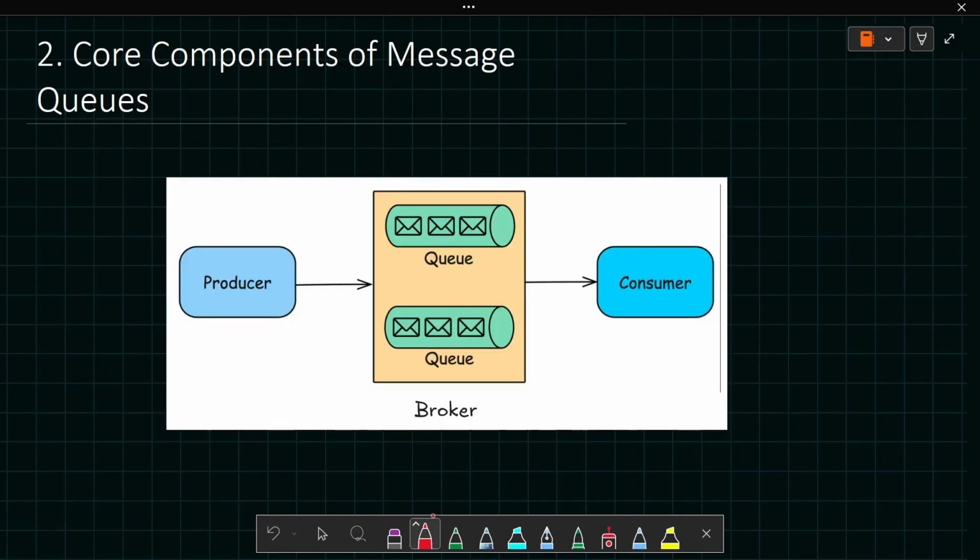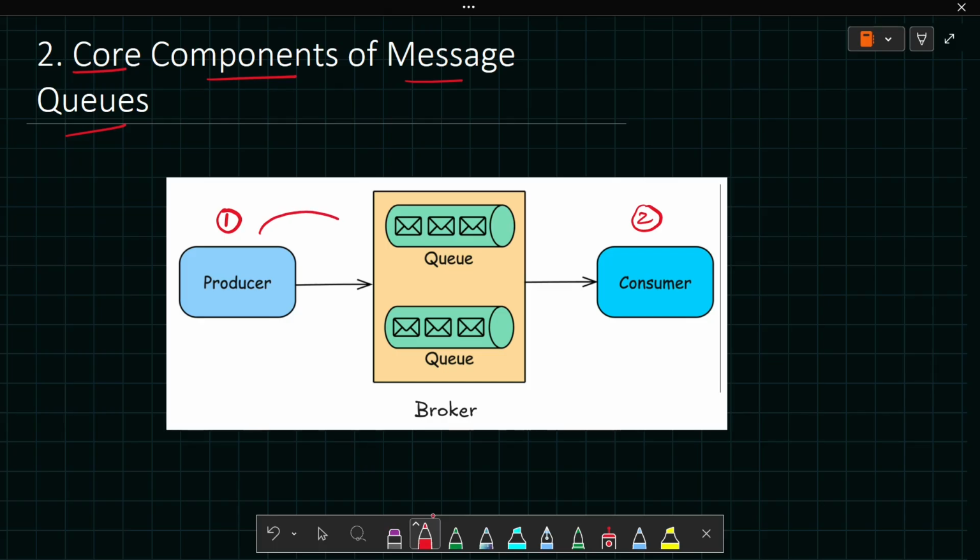Now let's discuss the core components of a message queue. What are the core components of a message queue? First, we have the producer, which we call the publisher. Then we have the sub, which we call the consumer. First, let's discuss the producer. What is the producer? We also call it the publisher, the entity which sends a message to the queue.